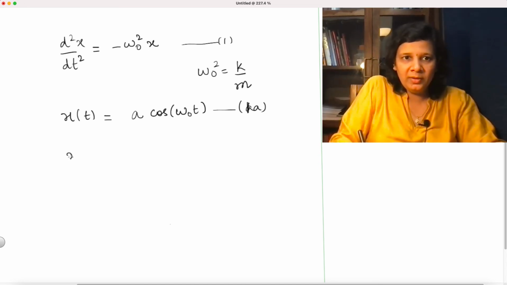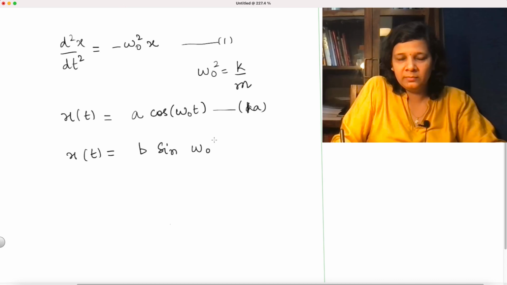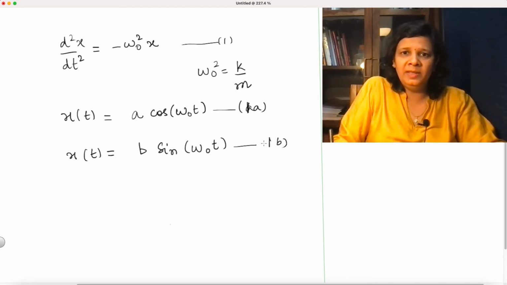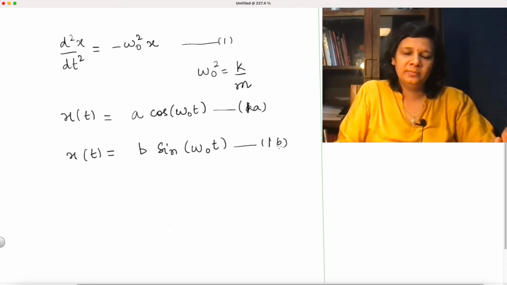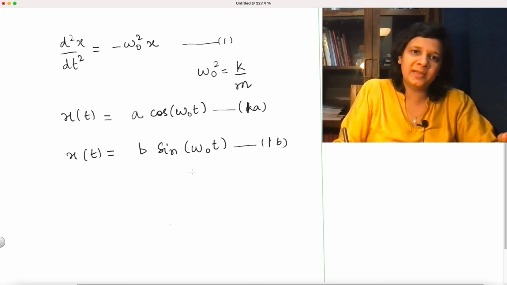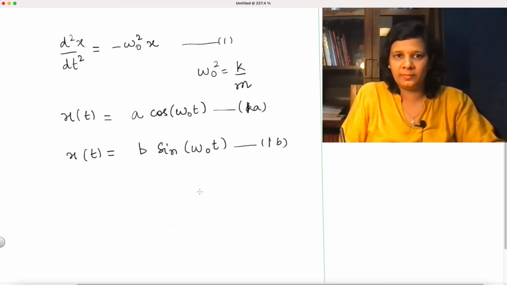Now, if I take x of t as b sine omega naught t, you can easily check that this will also be a solution of equation 1. If you take the first derivative and the second derivative and check in equation 1, this will also be a solution.